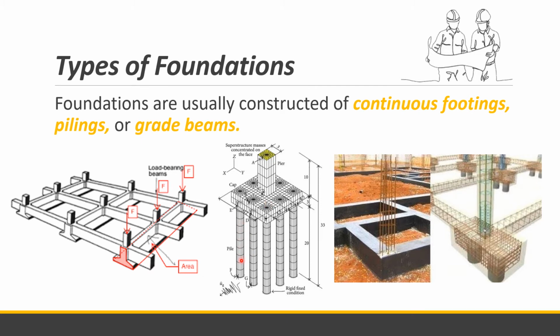Yung pile is usually mahaba siya, usually 20 meters yung haba ng pile. Ini-embed siya sa baba, ini-inject dun sa lupa where kung saan ipapatong yung footing para yung pile ay ma-reach niya yung mga hard part sa pinakababa, yung mga rock part na. So that way, masusupport niya yung building.